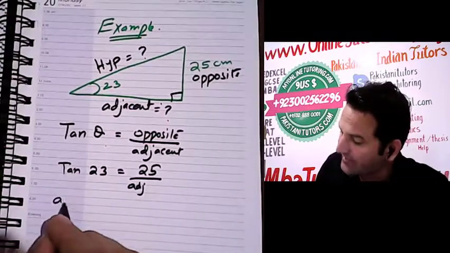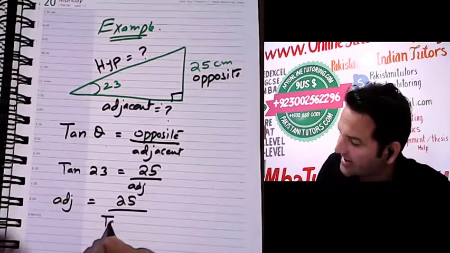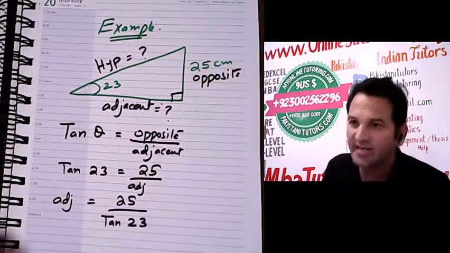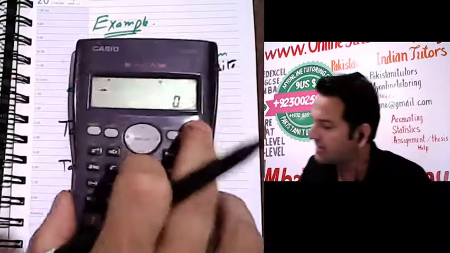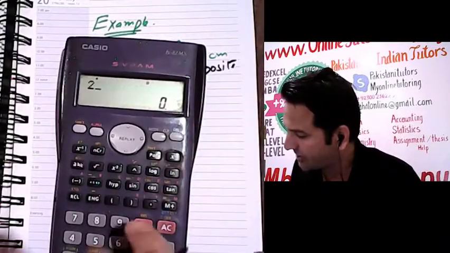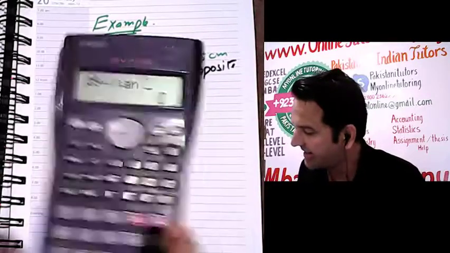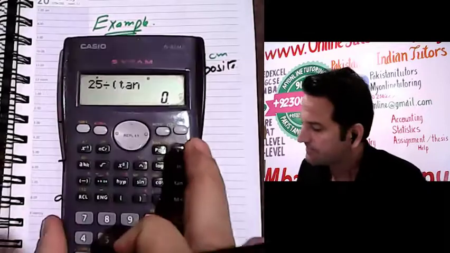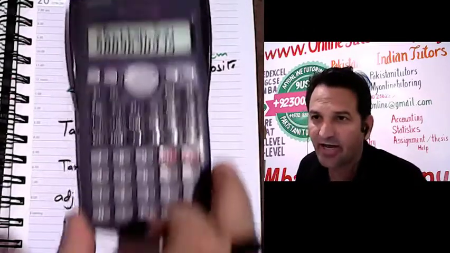Now by cross multiplication we can say adjacent will be 25 divided by tan 23 degrees. So the adjacent side will be 25 divided by tan 23, which is 58.89.